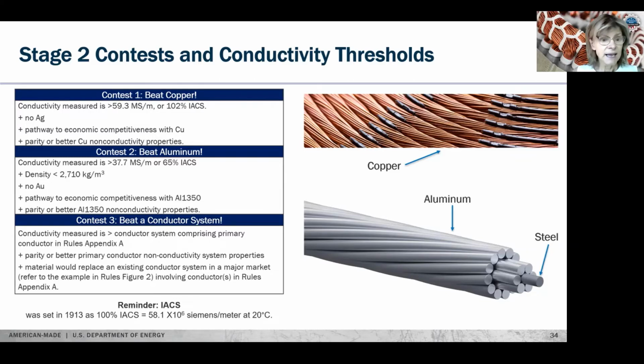It can be other conductor systems, provided the system involved is one of the conductors in the Rules Appendix A, and provided that the application is widespread, very widespread, and that your material has the same or better conductivity in the current system and the same or better other properties such as strength.